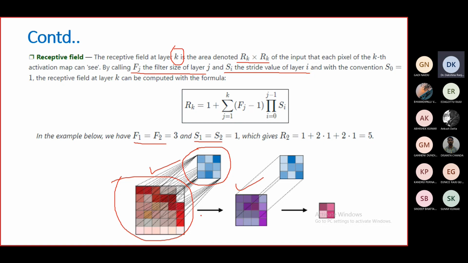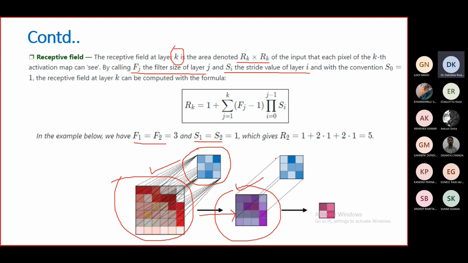Now, when the convolution operation is done, the feature map is obtained as 4 by 4 dimension. Again, the same dimension of the filter is used for convolution operation with this feature map.